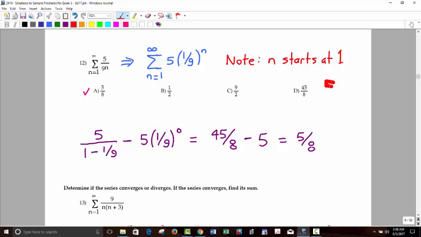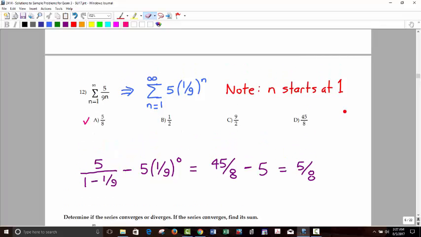So if you went 5 over 9 over 1 minus 1 over 9, like that, that works, because that will be 5 over 9 divided by 8 over 9, and that will give you 5/8. So that's another way that I picked up from a student one time and going, oh, I like that.